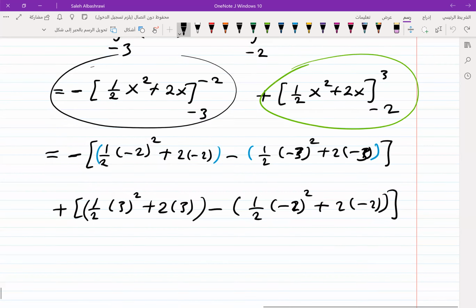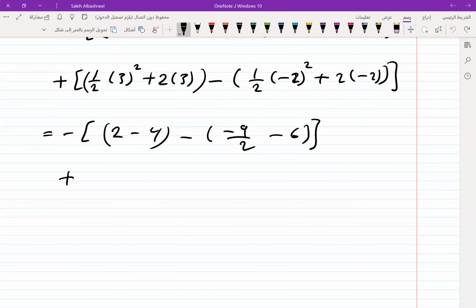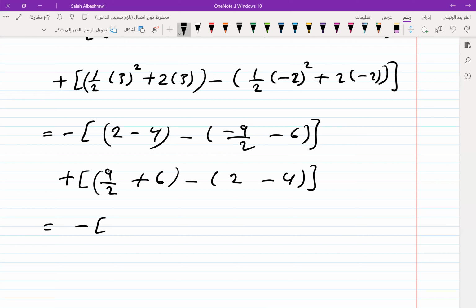Evaluate. You can use the calculator to find the direct answer for this one. It will be minus (2 minus 4 minus 9 over 2 minus 6), which is minus 2 plus 9 over 2 plus 6. This is the first bracket.